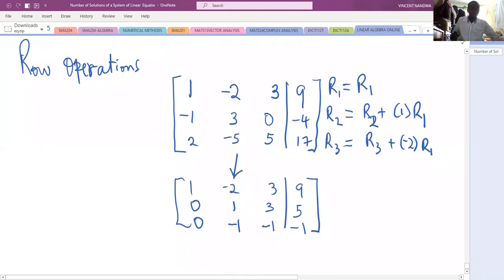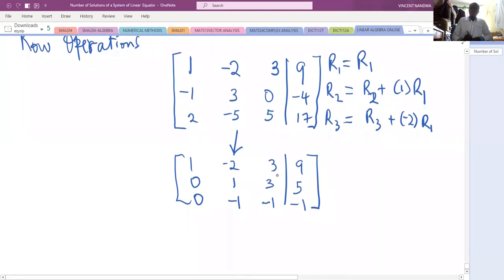That's what we have. So now this is 1, okay? So we expect this one to be 1. So we say row 1 stays row 1, row 2 stays row 2, and row 3 we say row 3 plus 1 row 2.